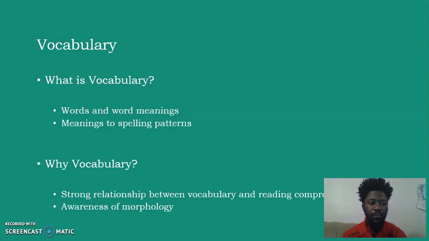Next, we have vocabulary. Vocabulary is knowledge of words. It doesn't only apply to definitions, but to how words fit into the world. And so, why do students need vocabulary? Because it makes reading comprehension possible for children.